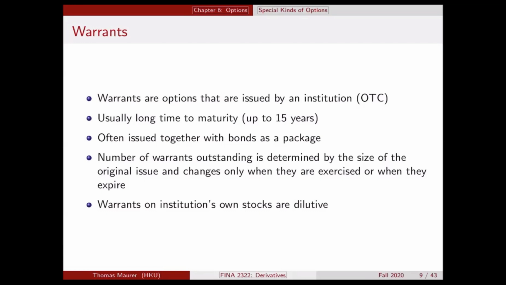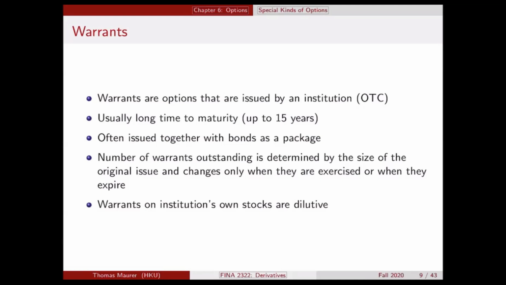issue new Microsoft stocks. Now, there is an important effect of exercising a warrant because new stocks are issued. That means that the number of stocks outstanding will increase. And if the overall company value doesn't change when that warrant is exercised, then an increase in number of stocks which are outstanding means that the value per stock will decrease.